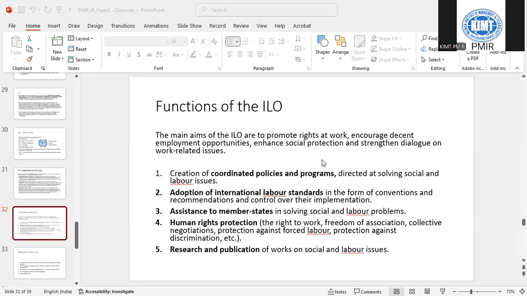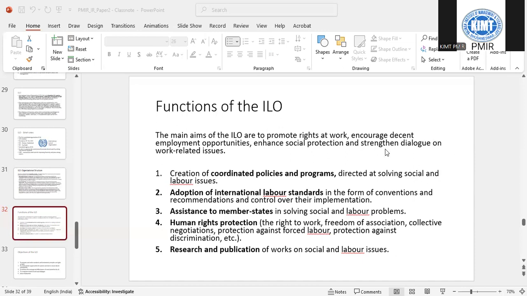So we are discussing the function of ILO. The main function is to provide social security and facilities to the labor class, the employee base.